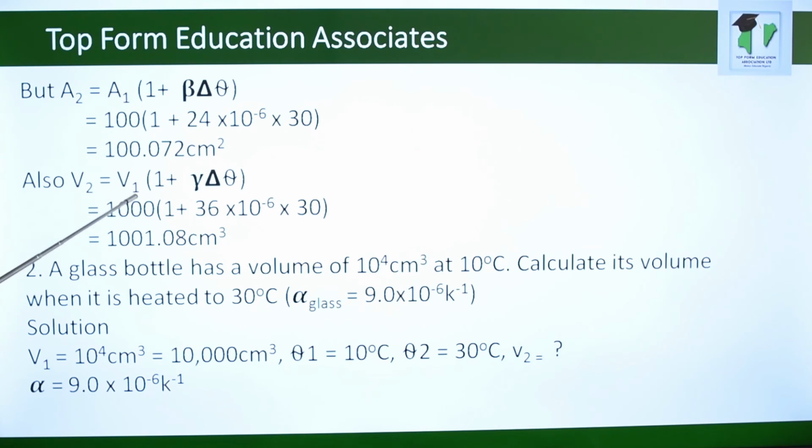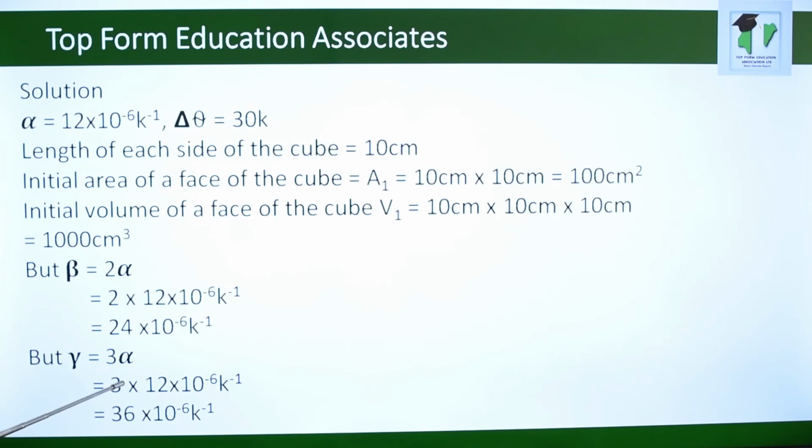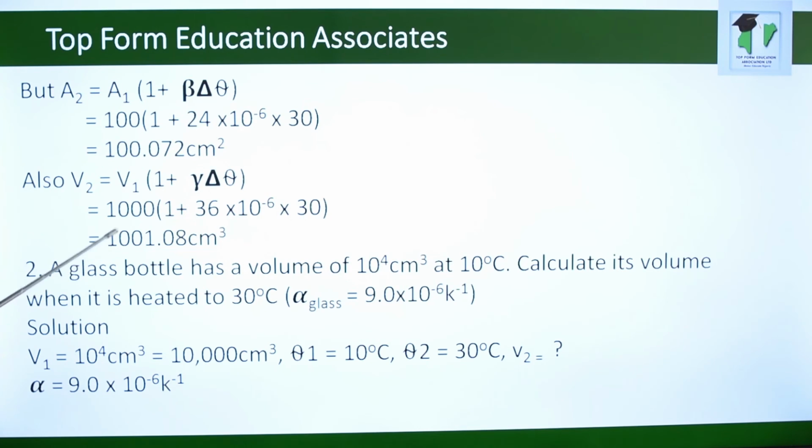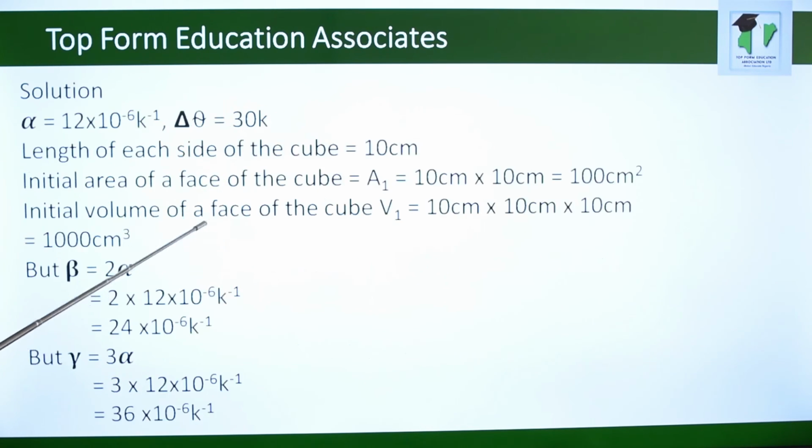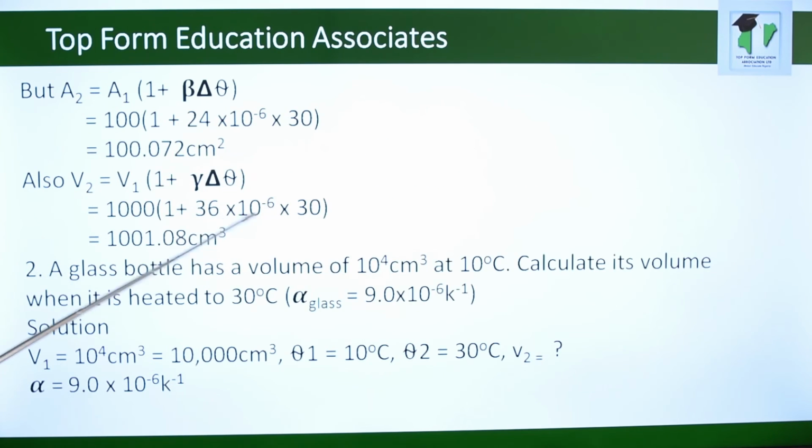Also, V2 is equal to V1, you can remember this formula, into 1 plus gamma change in theta. So our V1 we have calculated is 1000 cm cube. Look at it here, into 1 plus, our gamma is what? 36 times 10 to the power minus 6. You put it back here, times change in theta. Our temperature change is what? 30 Kelvin.